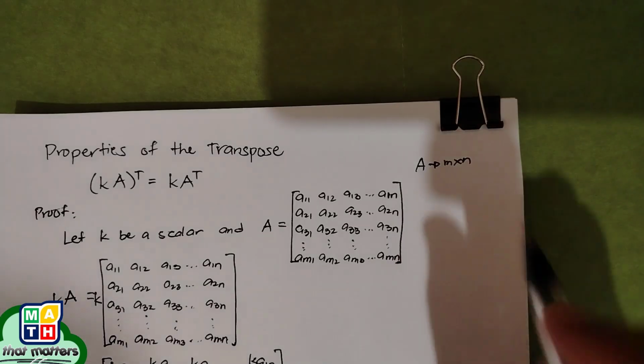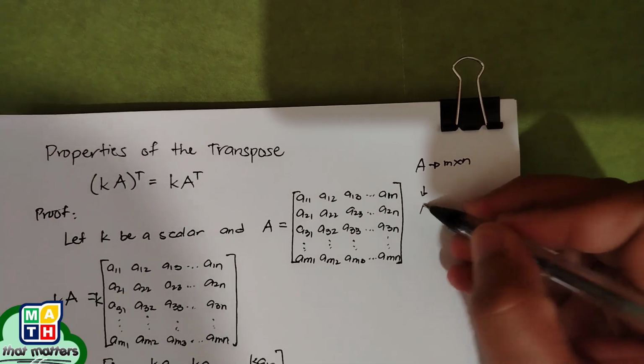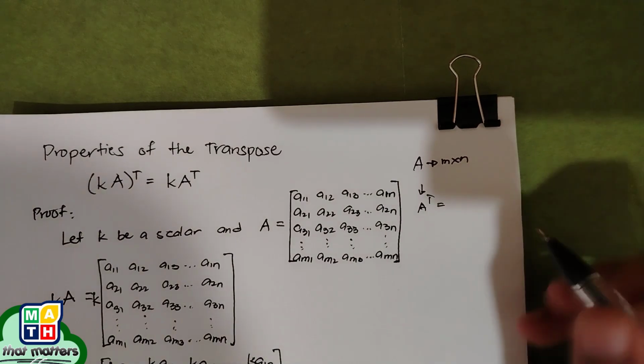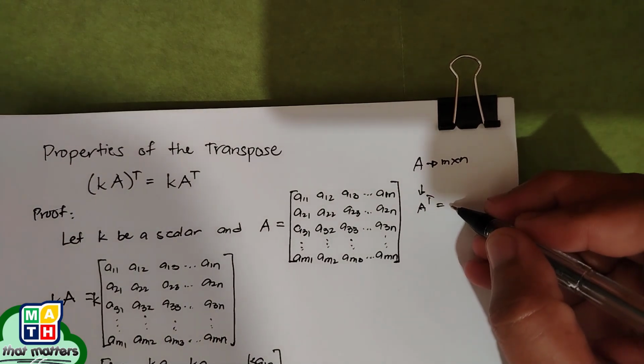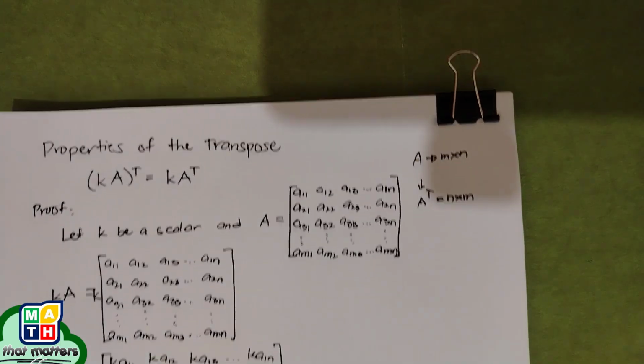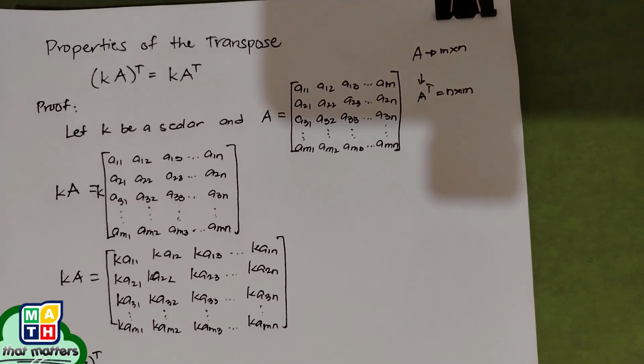When A is a matrix defined as m by n, its transpose is where you interchange the rows and columns, so you're expecting an n by m matrix.